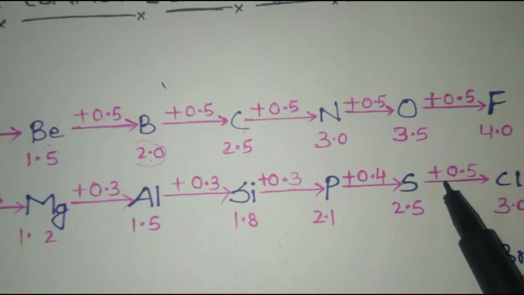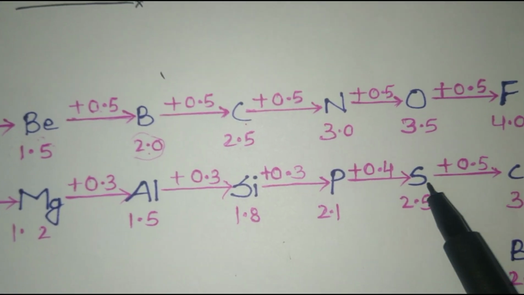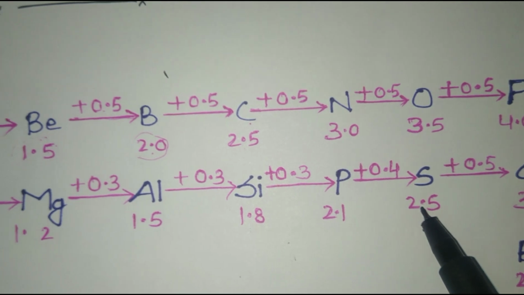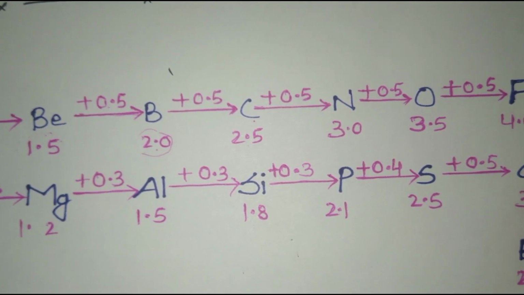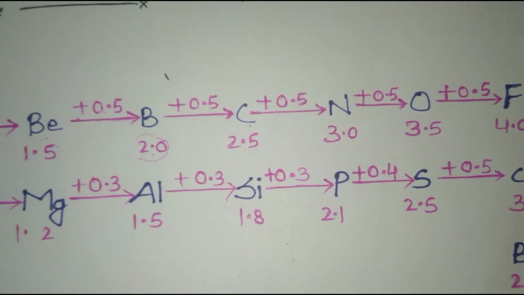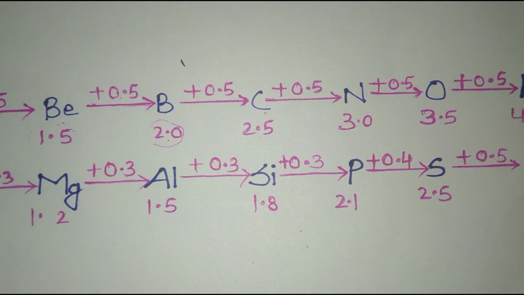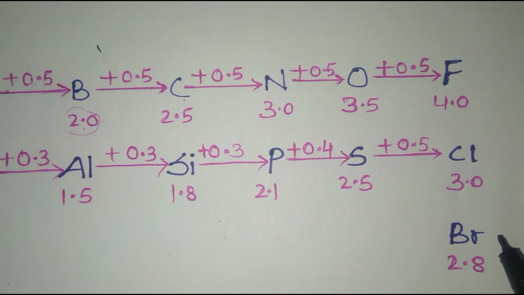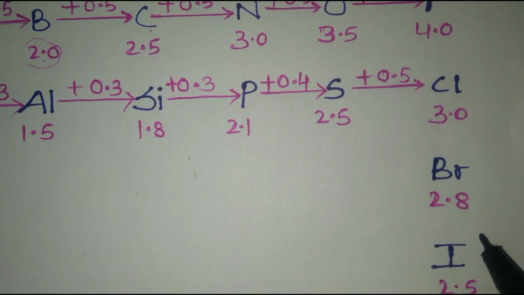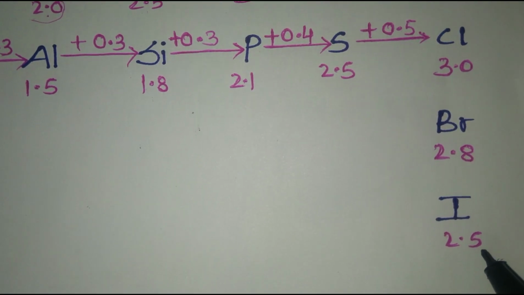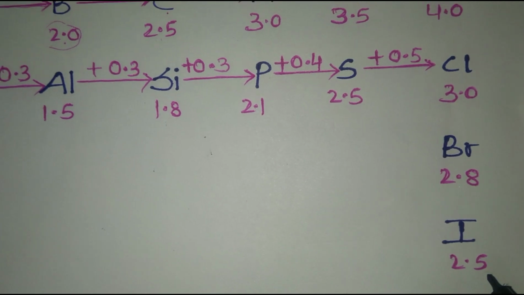Similarly, add 0.5 to 2.5 to get 3.0 as the value for chlorine. Similarly, bromine has electronegativity value 2.8 and iodine has 2.5.